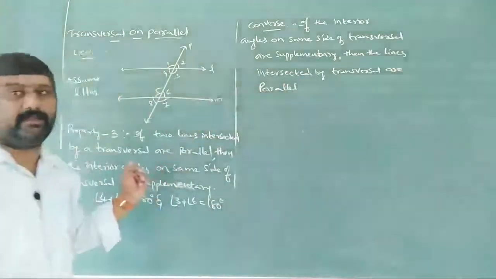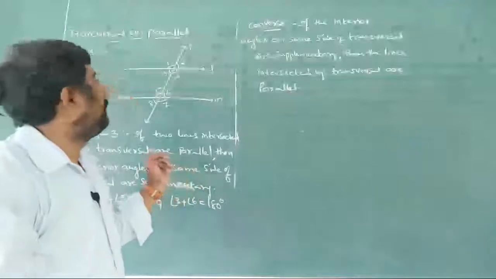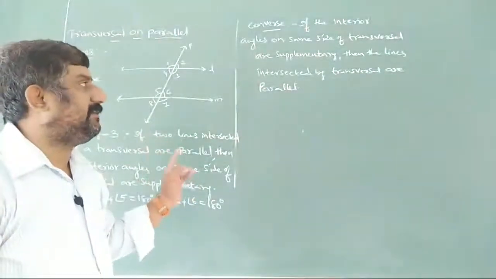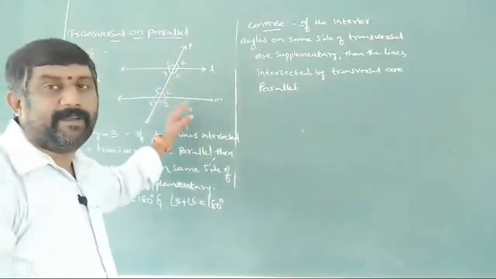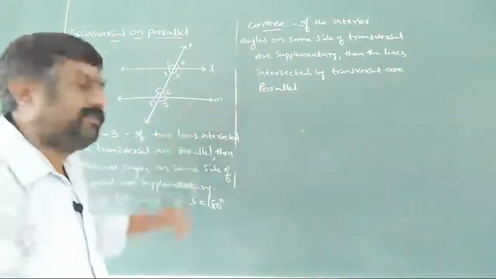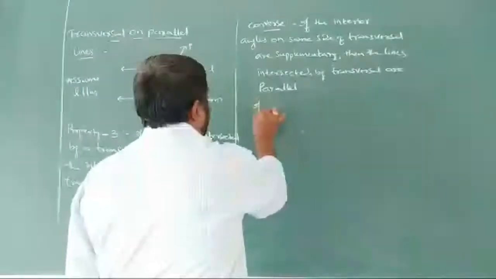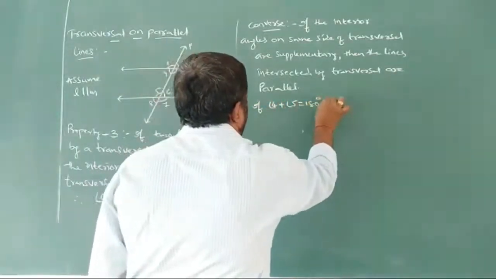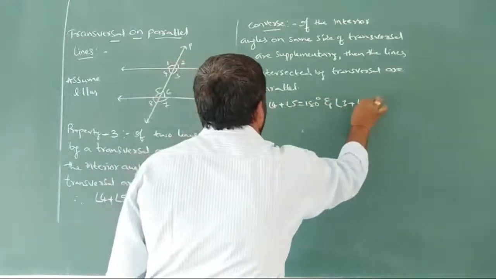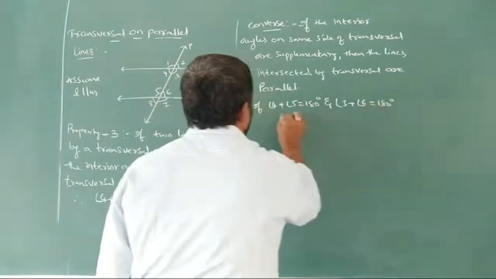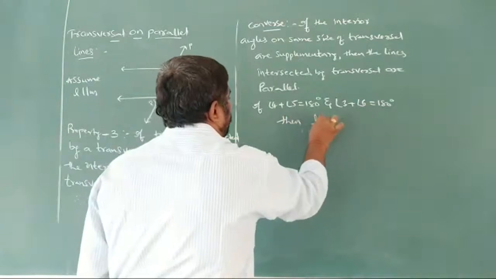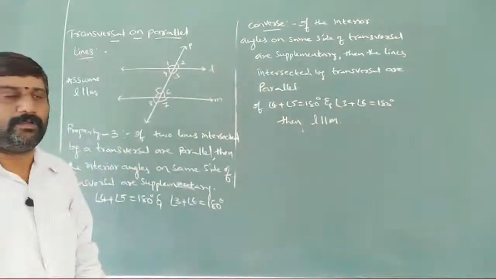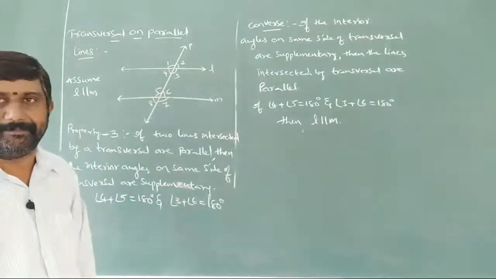So the converse we are writing here: if the interior angles on the same side of the transversal are supplementary, then the lines intersected by the transversal are parallel. So that means what you can say here, if angle 4 plus angle 5 is equal to 180 and angle 3 plus angle 6 is equal to 180, then L is parallel to M. So this is property number 3.